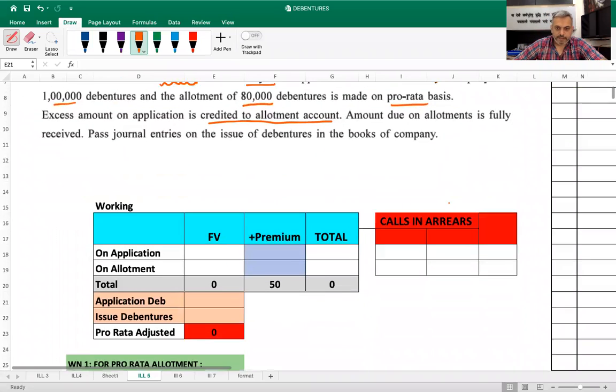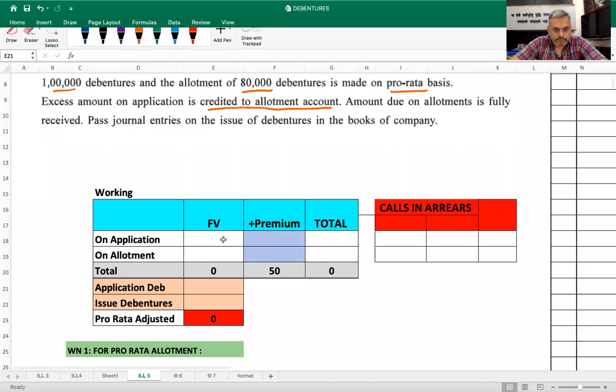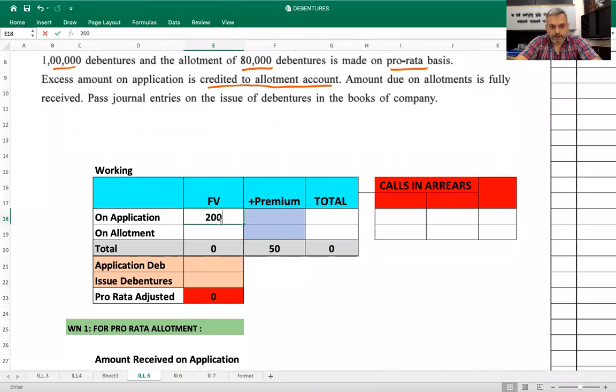So now let's do the working. On application 200, premium is 50, total 250.